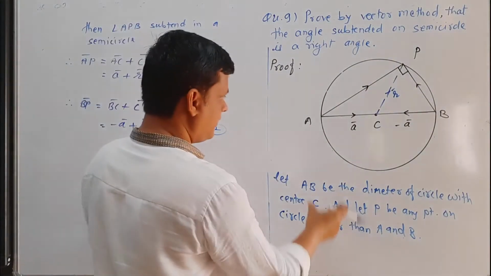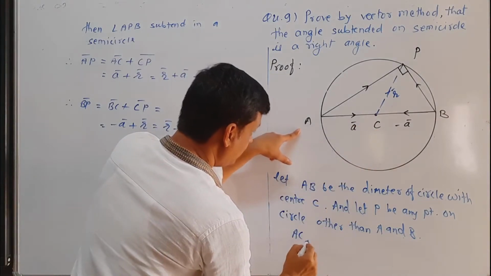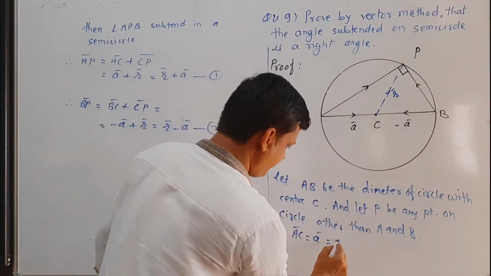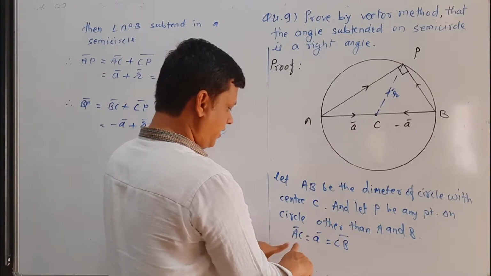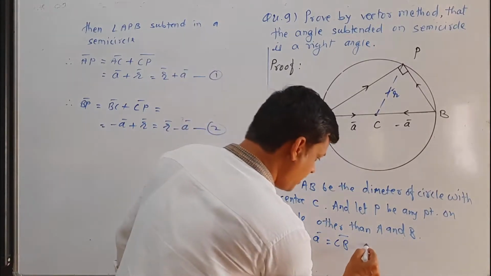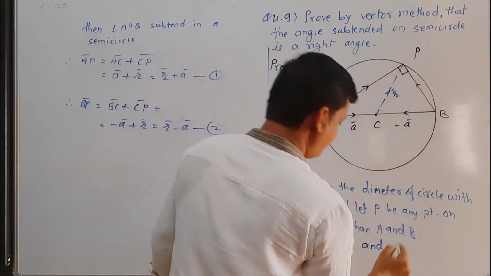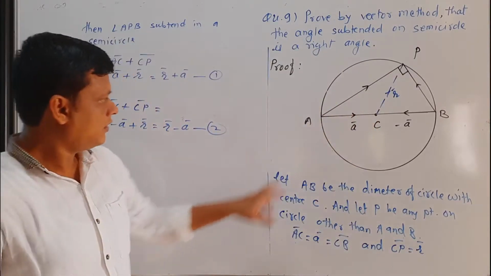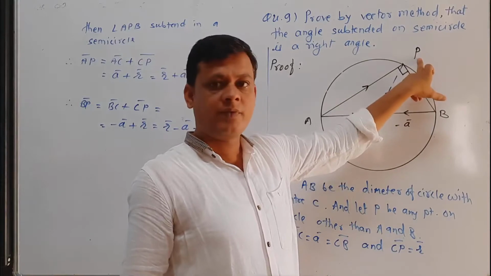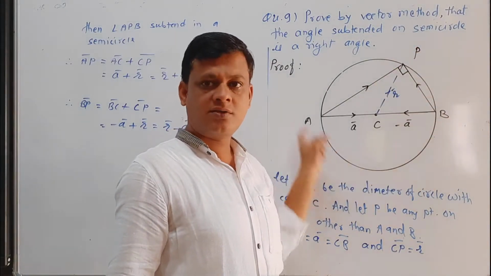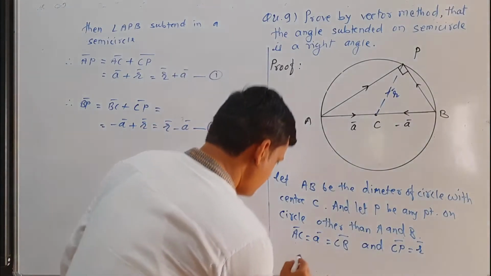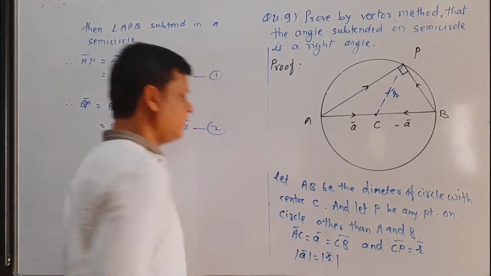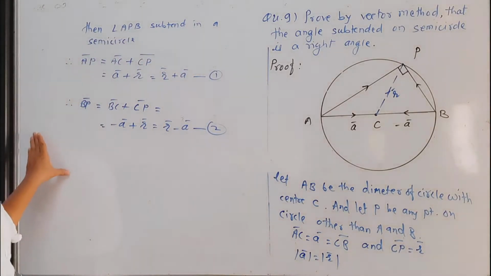That means you can also write AC equals to CB equals to vector A and vector CP is equal to R bar. Now vector AC and vector CP both are the radius of this circle, so you can write magnitude of vector A is equal to magnitude of vector R. Then you can write these steps.